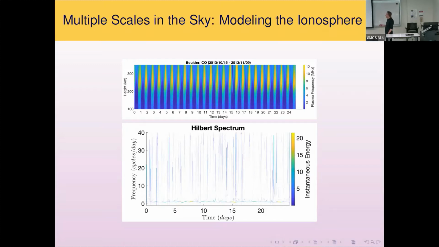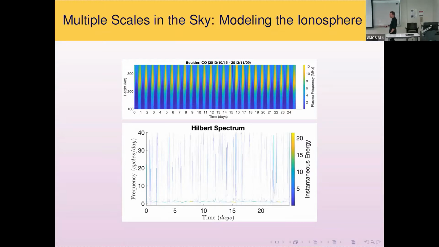So a really good way to see that complexity is, if we look at about 250 kilometers up and just take a slice across time, we're able to compute what's called a Hilbert spectrum affiliated with that vertical slice. And the Hilbert spectrum is best understood as sort of an instantaneous Fourier transform. And so, for example, what you're then able to see is you have this one frequency way low down, and that's day, night, day, night, day, night.